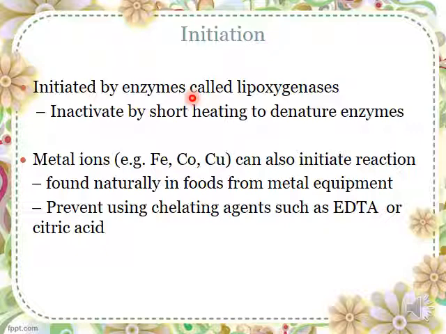Besides enzyme, another factor that can initiate lipid oxidation is the presence of metal ions, for example, iron, cobalt, copper. And these metal ions are found naturally in food, or come from metal equipment used during the food processing.